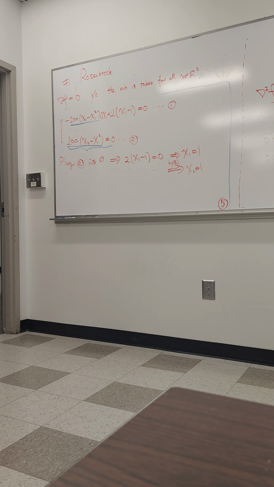Let's write the function here. So this function has all the traits of the difficulty in the optimization. It doesn't matter what number we choose here. The local minimizer will always be 1, 1, all right? But if we choose this number very big, the condition number will be very big.